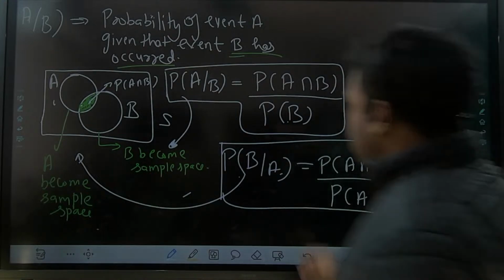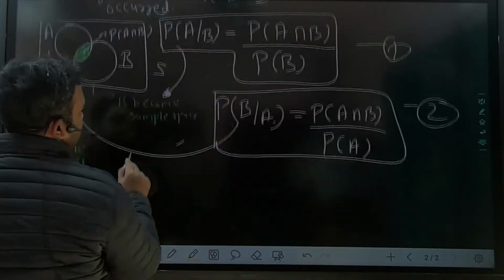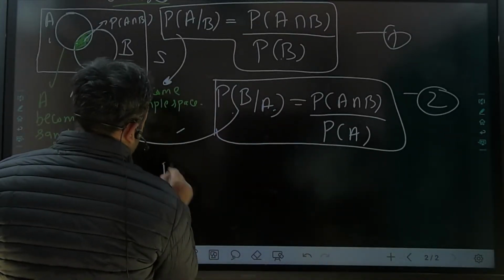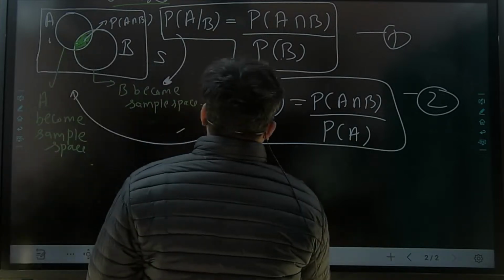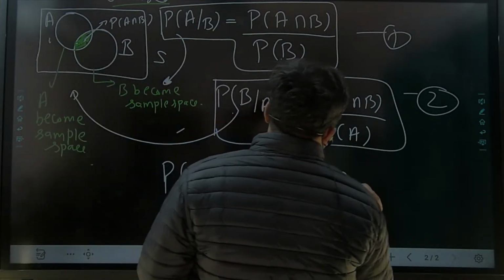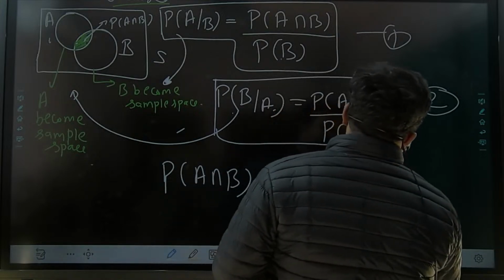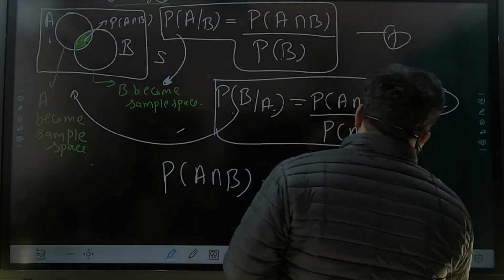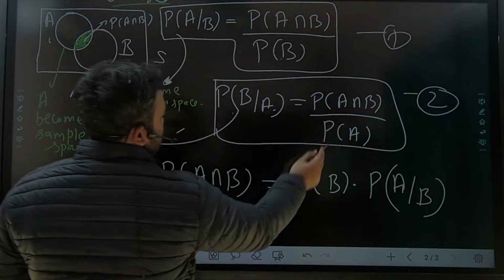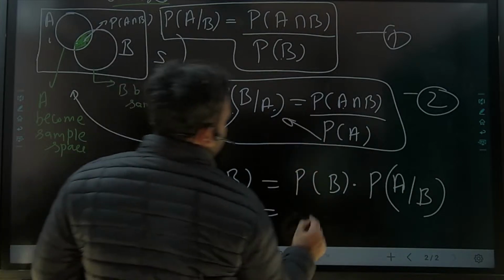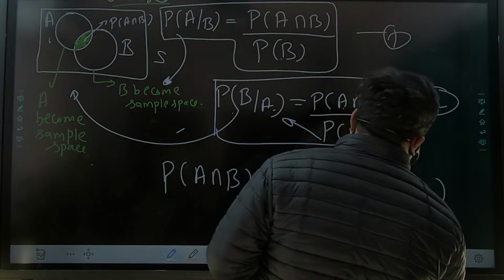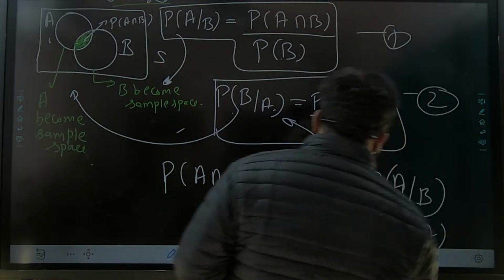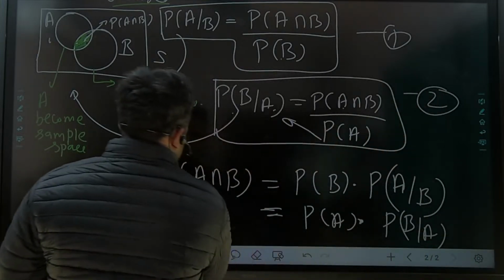So if I want to calculate the common portion, the probability of A intersection B, that is equal to the probability of B multiplied with the probability of A when B has occurred. Or I can cross multiply and write the probability of A multiplied with the probability of B when A has occurred. Both ways you can express this.